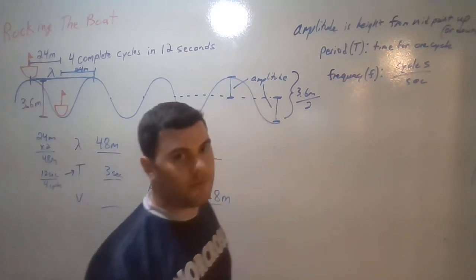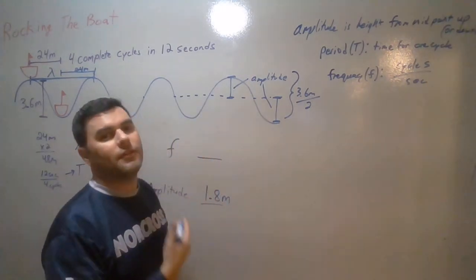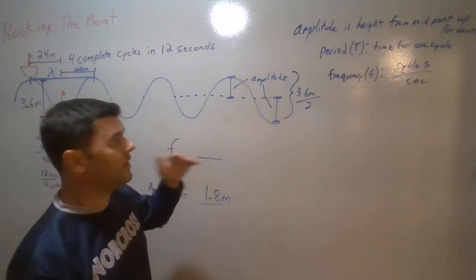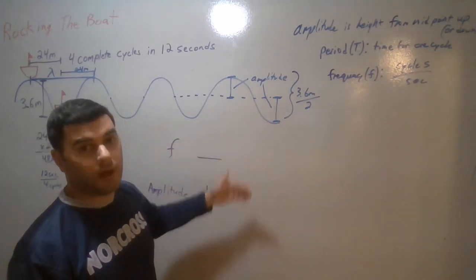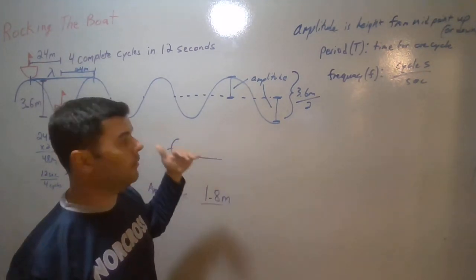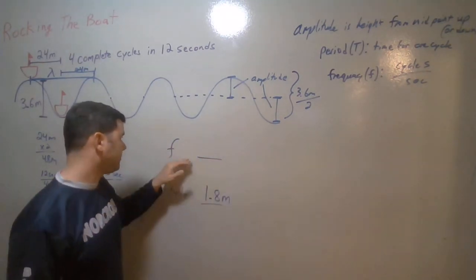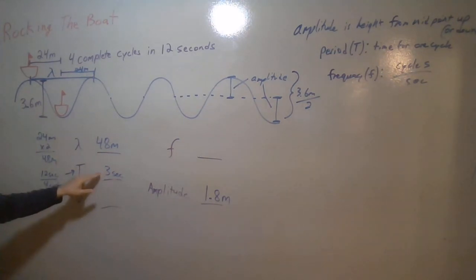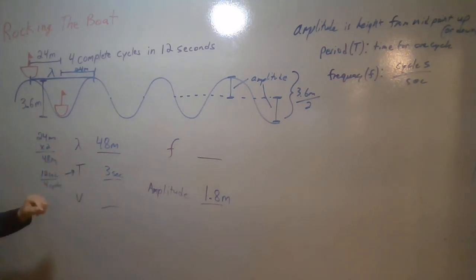But really what frequency is, is how often a wave will show up. How many cycles per second is how many waves will show up in that second. So for us, the period is 3 seconds for the wave cycle to come. So 12 seconds for 4 cycles, so it's 3 seconds.